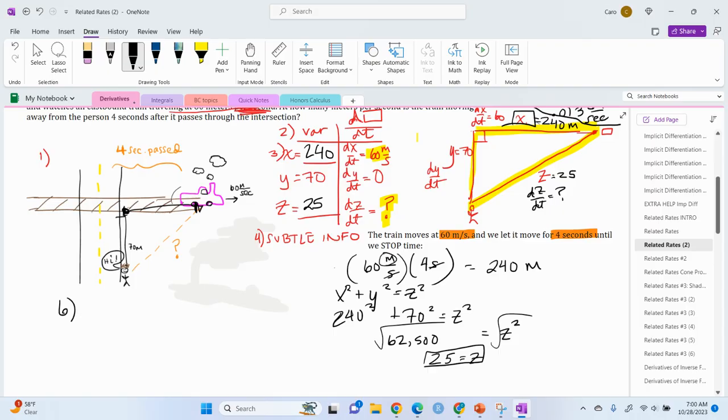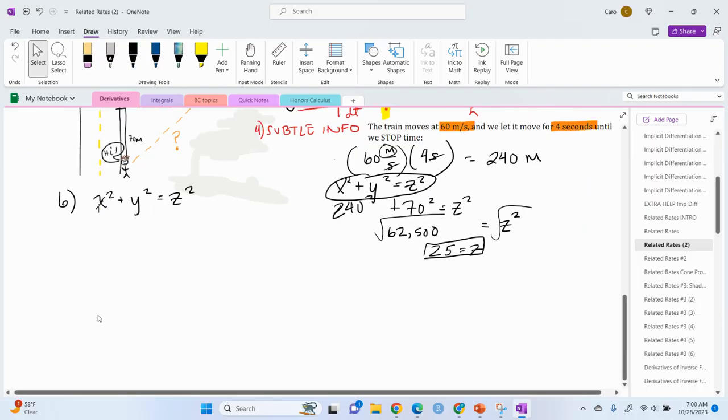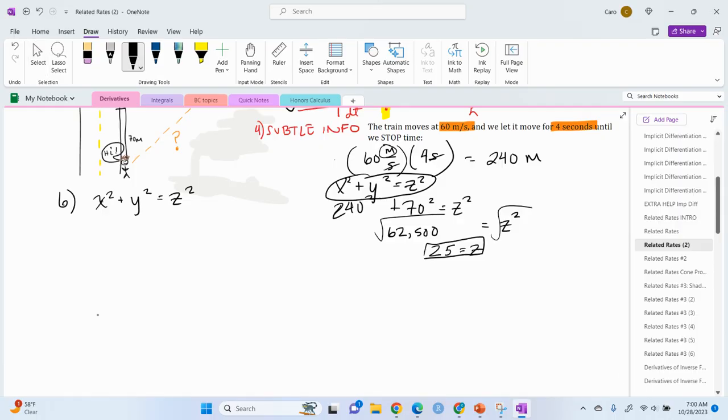Let's do step 6. What formula relates these variables in a triangle? That would be Pythagorean theorem. So x squared plus y squared equals z squared. A lot of times the formula you use for the missing information is also the formula that you're going to end up differentiating. So my next step, step 7, is to actually do a derivative.